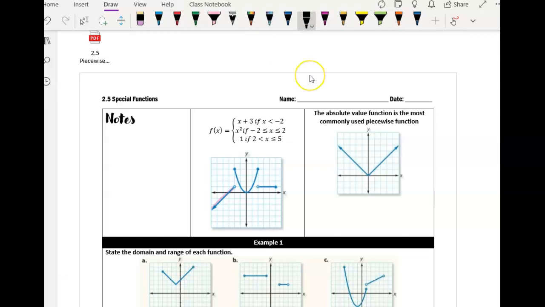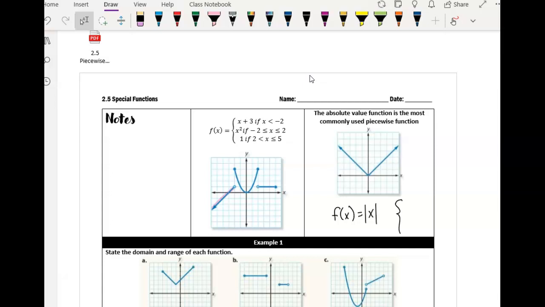Okay? And so absolute value functions are actually piecewise functions because technically, right, we're going down, and then here we're going up. So if we wanted to, we could write this as a piecewise function, like the absolute value of x.